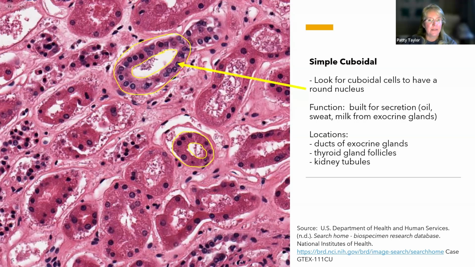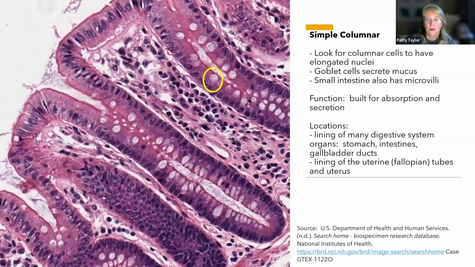All right, and take a look at that round-shaped nucleus. All right, so here we're looking at simple columnar, and you'll see up and down hills here of simple columnar epithelial tissue. True to form, this tissue is made of different cell types. That's what a tissue is.